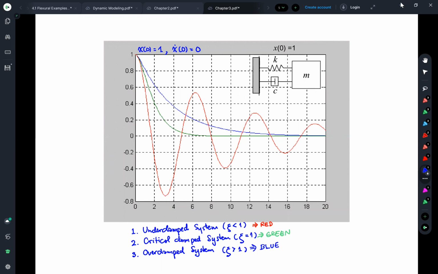When we say overdam system and the critical dam system, even though the feeling of the damping tells you that your system will go to zero faster and can dissipate the energy better, and that's why every engineer would like to have more and more damping in the system when you would like your system to have very small vibration.